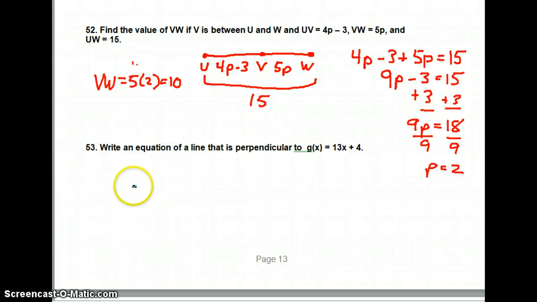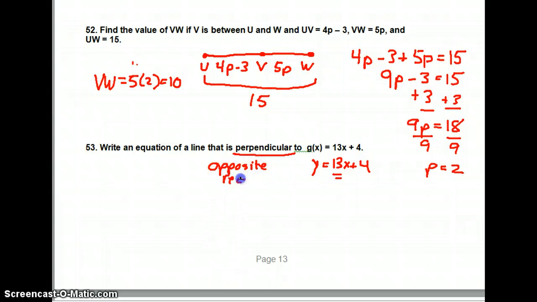53. Write an equation of a line that is perpendicular to g of x equals 13x plus 4. Well, we can just swap g of x for y: y equals 13x plus 4. Now our equation is in slope-intercept form. Our slope is 13. If it's perpendicular, the slope has to be the opposite reciprocal.